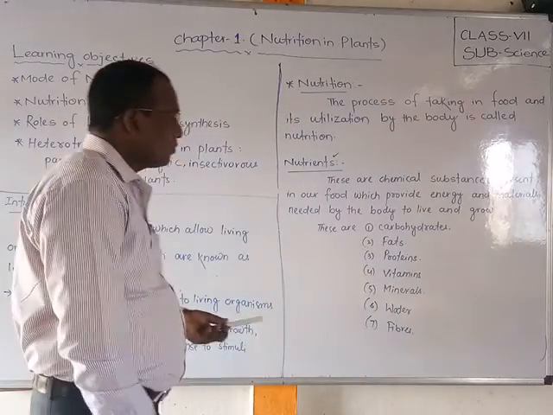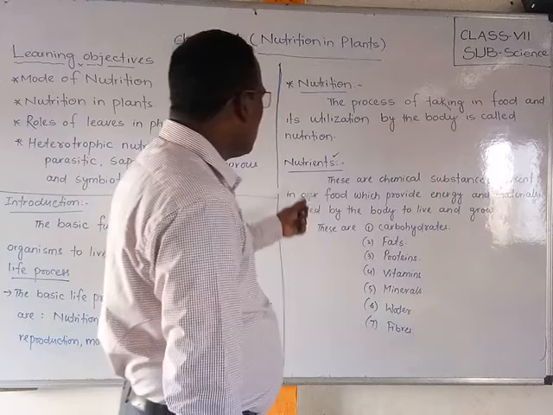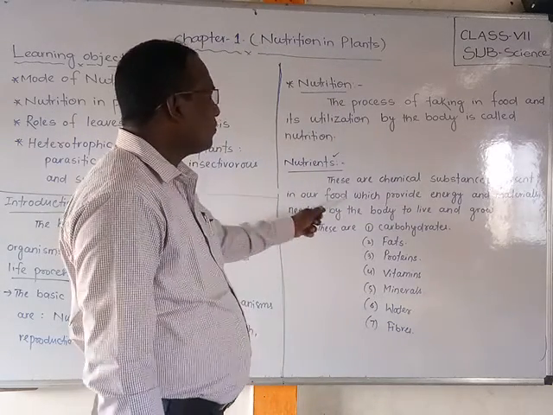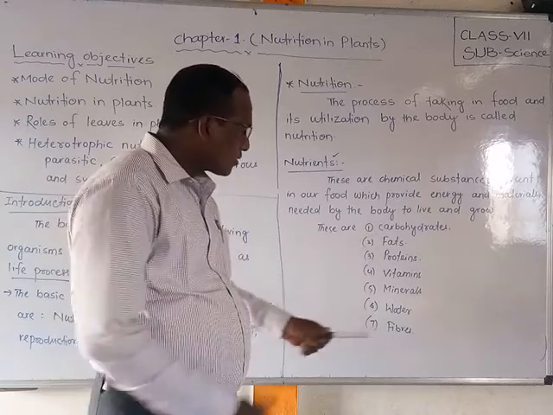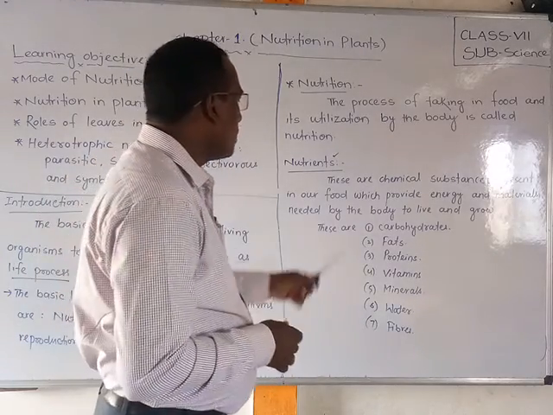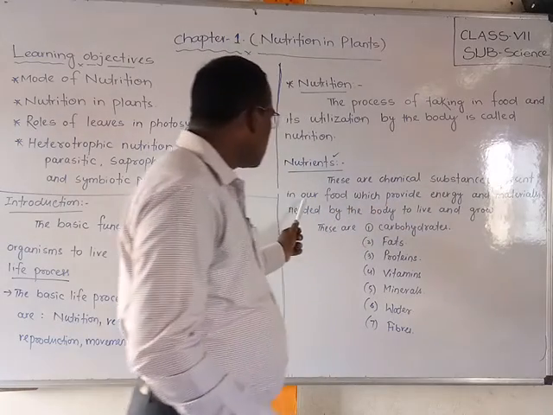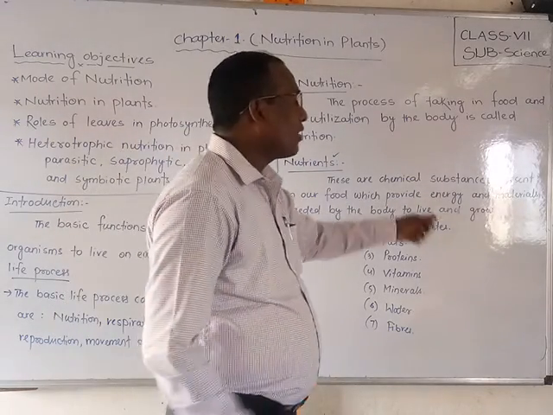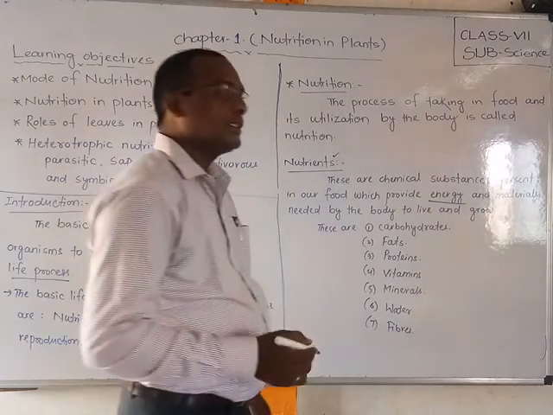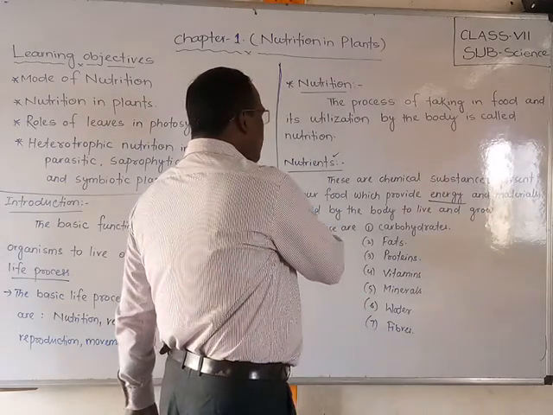So we see what the nutrients are. These are the chemical substances present in our food. All the nutrients are chemical substances which are present in the food, which provide energy. Mainly it is providing energy and the material needed by the body.